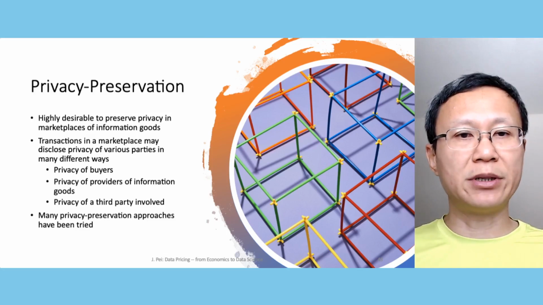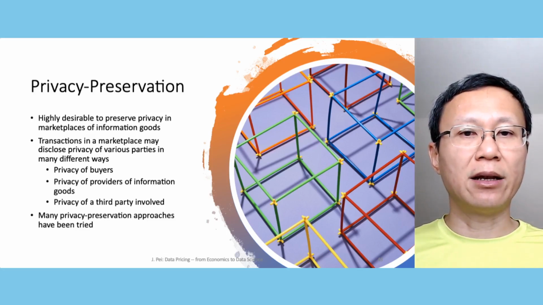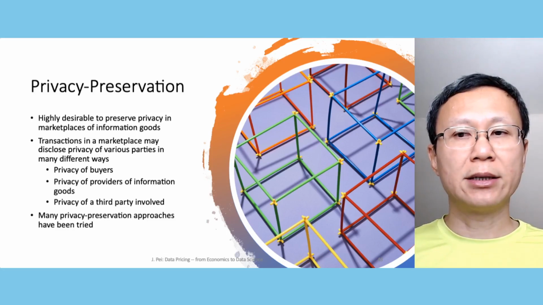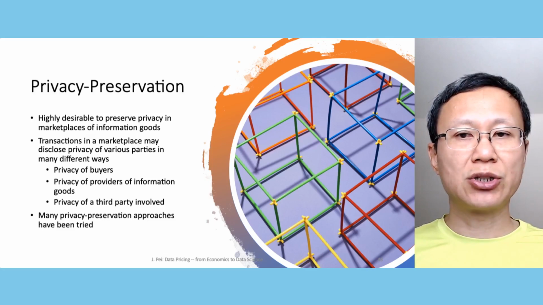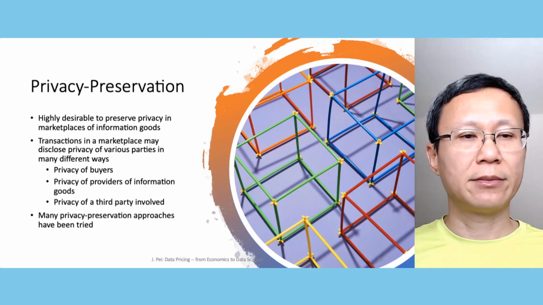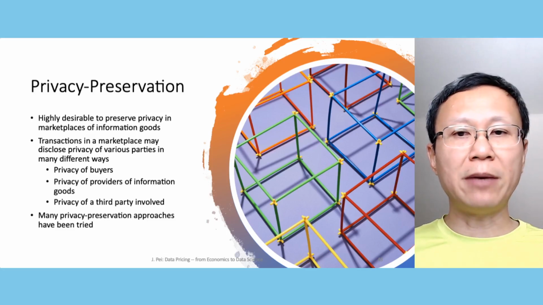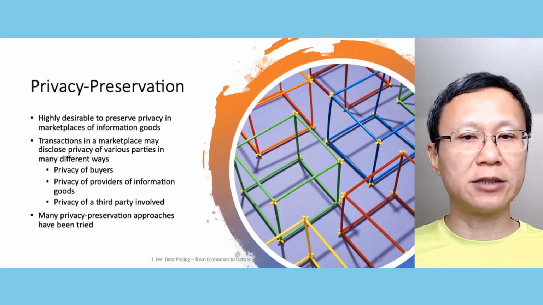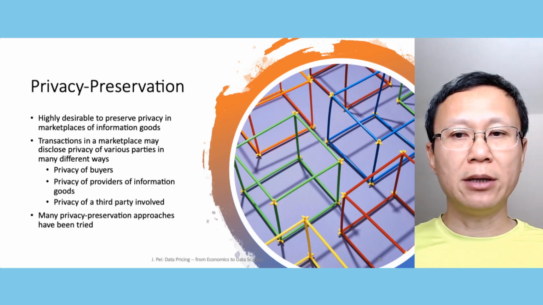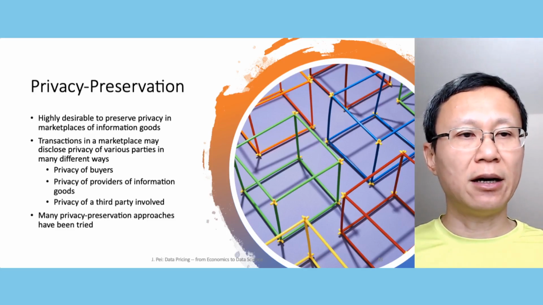Imagine that hospitals can collect and anonymize medical treatment data properly and provide the corresponding data products in marketplaces so that individual patients cannot be identified. Buyers, however, may be able to infer from the data the success rates of a specific treatment in a hospital, which may be regarded as the privacy of the hospital.